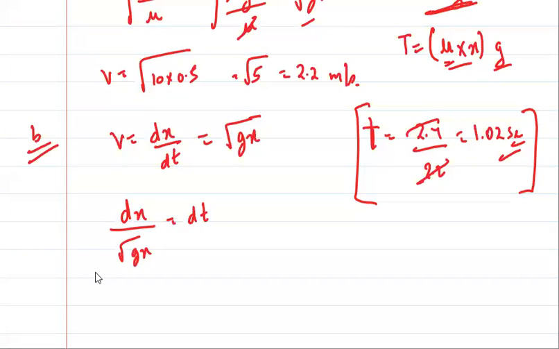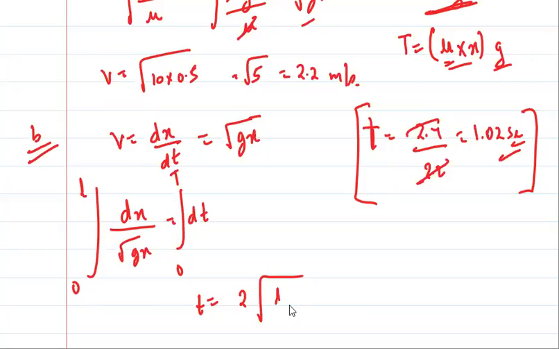So integrate, 0 to t and 0 to L. Now I hope all of you know the integration of root gx. Tell me, do you know or not? So t will be 2 root L by g.